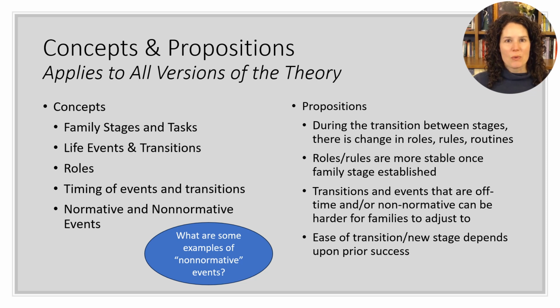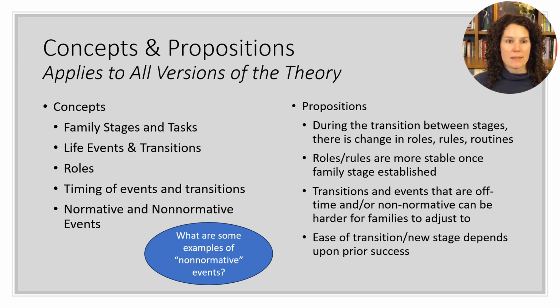These theories also talk about the timing of our life events and transitions. These life events and transitions that we experience can be considered on time or off time, or normative or non-normative. I'll give you a sense of what that means. On time means this is the time we would expect you to do this.